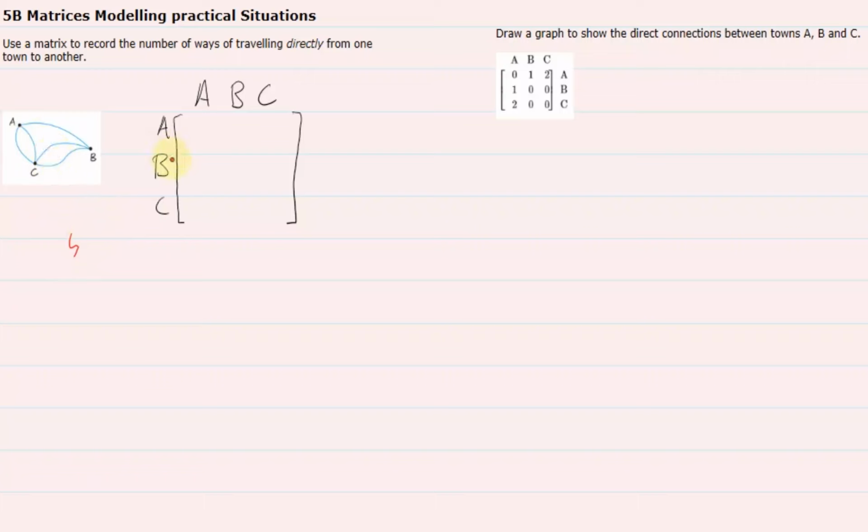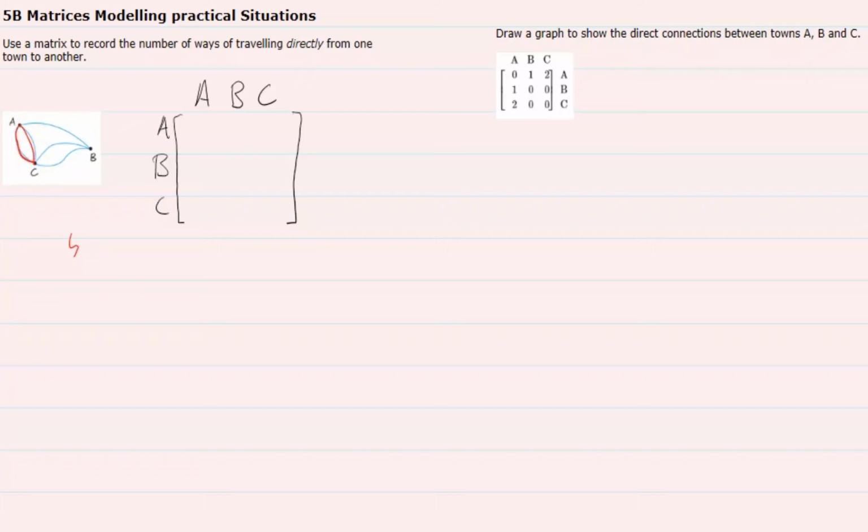Okay, so let's have a look. If we look at from town A we can get to town C right there. We can go town A to C there. We can also go town A to C there.